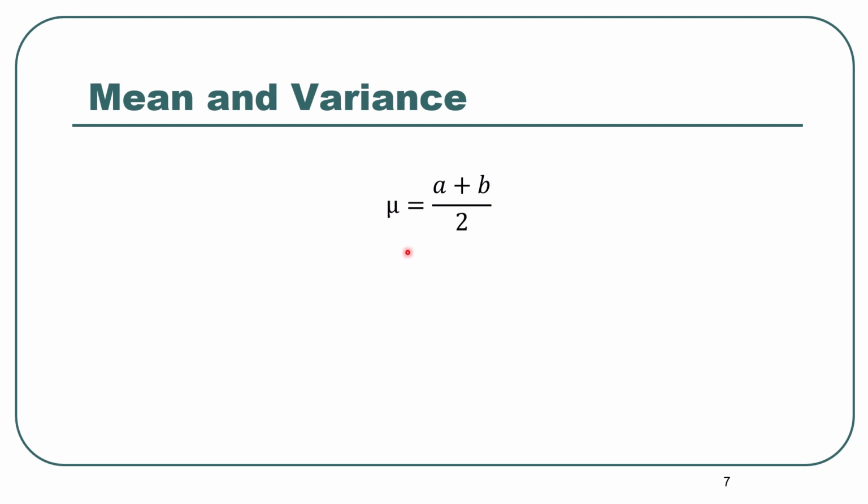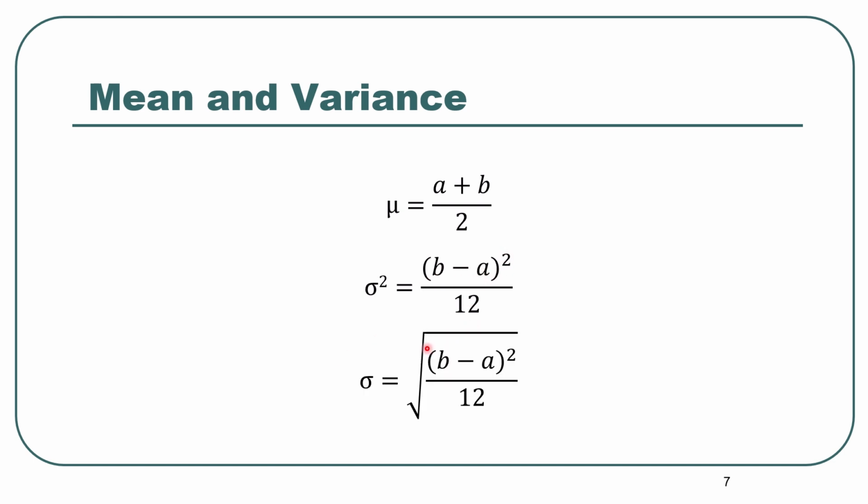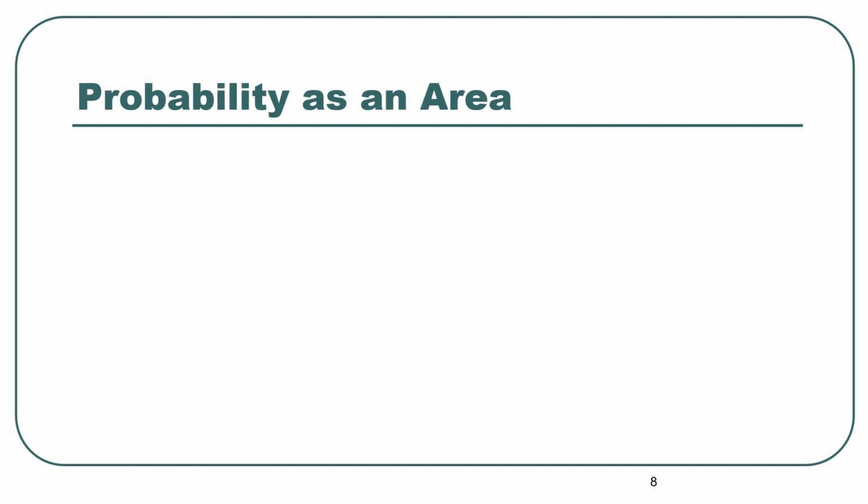So this is your mu, the mean, while sigma square is defined to be that formula, which is saying the length of your interval squared over 12, and as usual the standard deviation, or the sigma, is the square root of my variance.